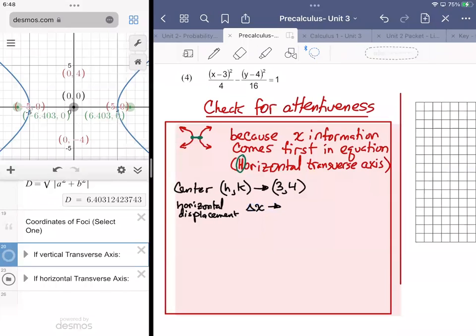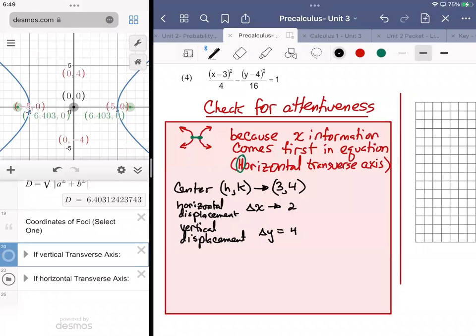I'm pretty sure, yeah, I knew it was going to move the shading on me. Horizontal displacement delta X is equal to 2. The vertical displacement delta Y is equal to 4. All right.